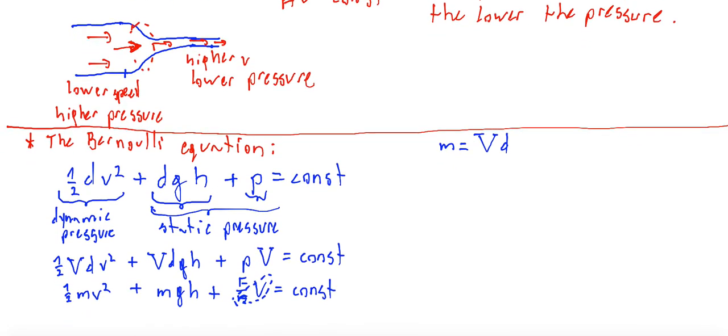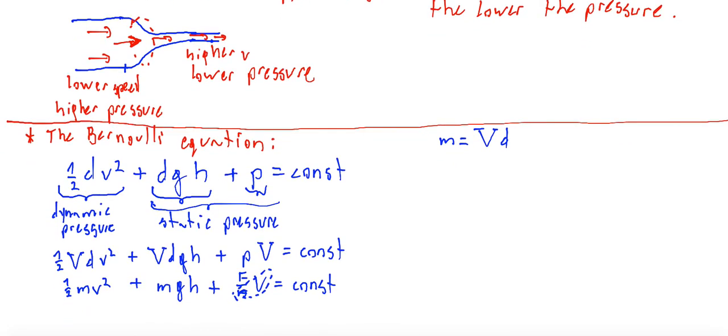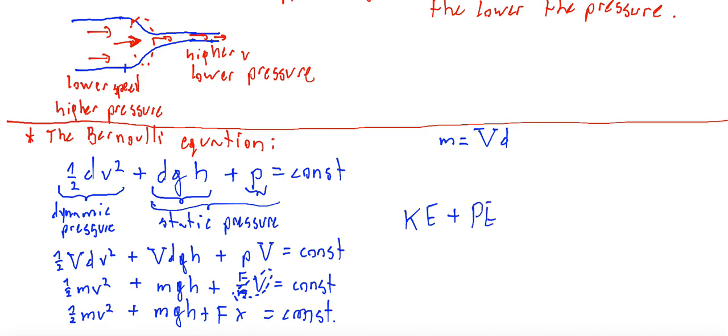I'm going to use the letter, let's say, x. So on the left part we have half of m v squared plus m g h, and here we have F times x, which is constant. And what is this left part? It is energy: kinetic energy, half of m v squared, plus m g h, gravitational potential energy, plus F x, work done, must be constant.